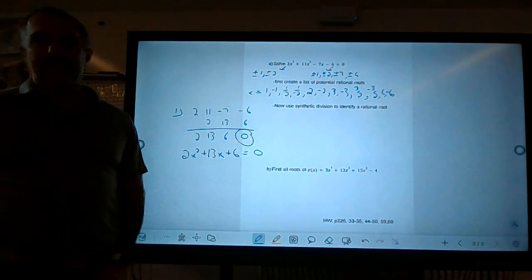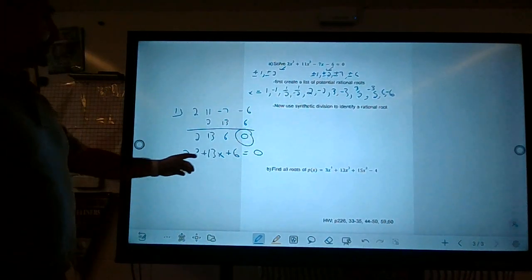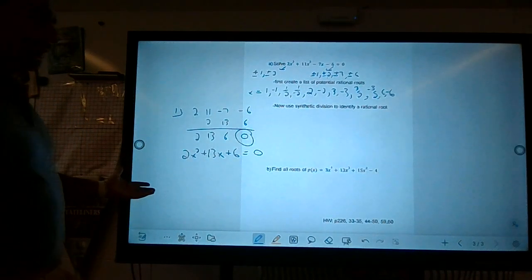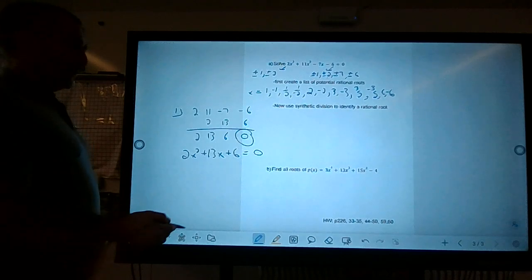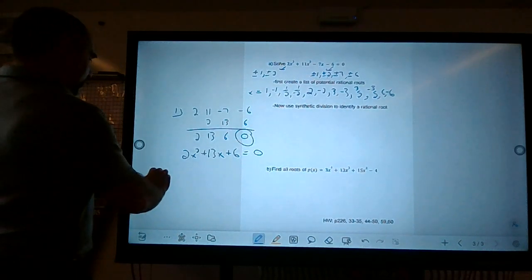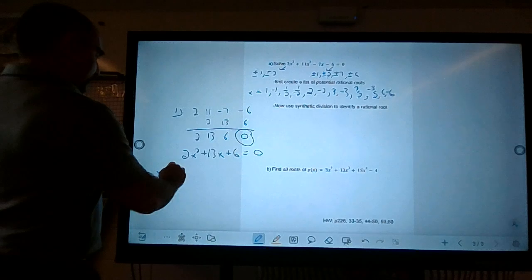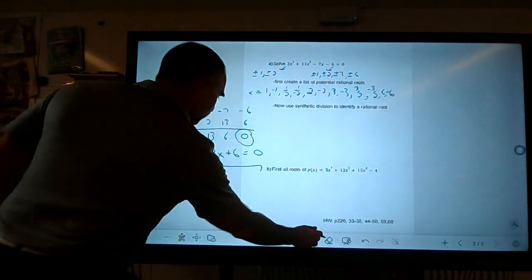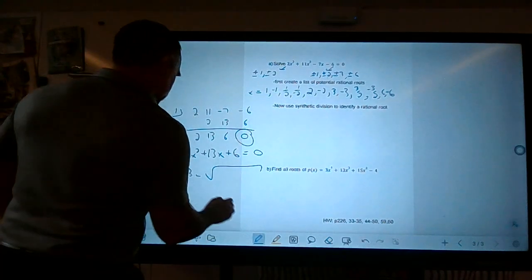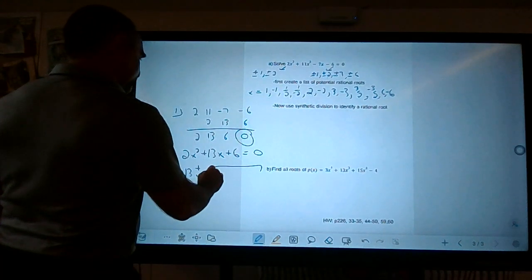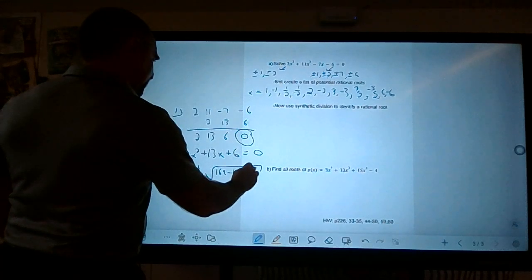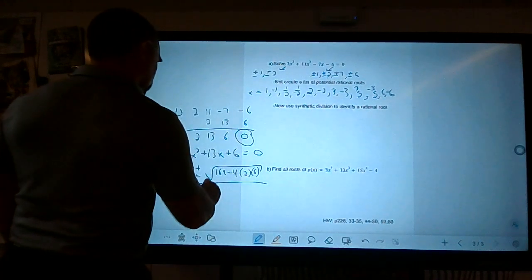Now what we have is a quadratic equation, which we already have plenty of ways of solving. Maybe you can factor it, maybe not, but I'm just going to go right to the quadratic formula here. x equals negative b plus or minus the square root of b squared minus 4ac, all over 2a.